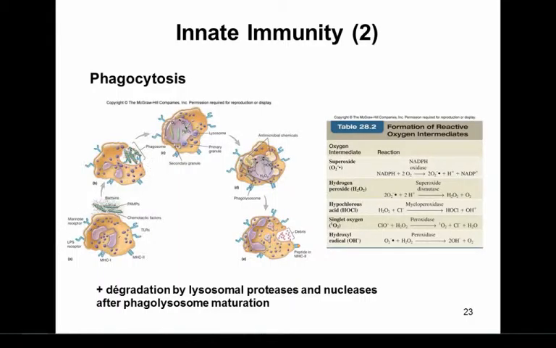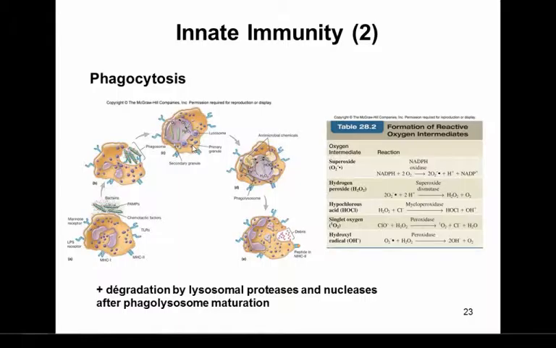So bacteria can be taken up into phagocytes via these phagocytic receptors. They are internalized firstly into a phagosome, which will then mature into a phagolysosome.